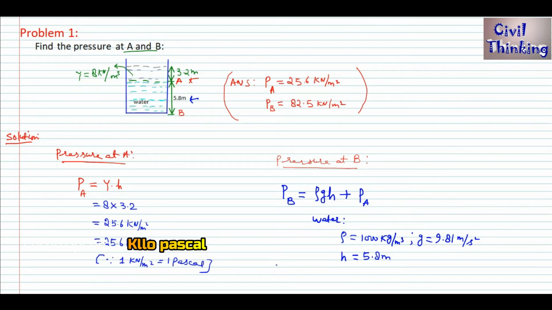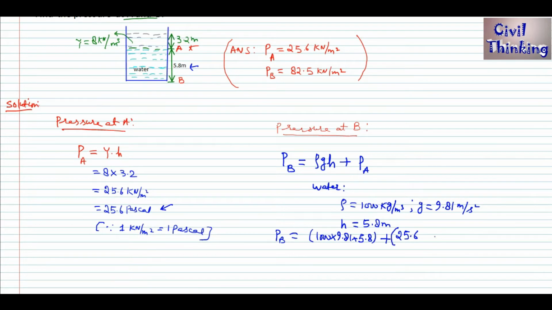So we get the pressure at B equal to 1000 multiplied by 9.81 multiplied by 5.8, plus the pressure at A. What is the pressure at A? It is 25.6 multiplied by 10 to the power 3, because here we have kilo.